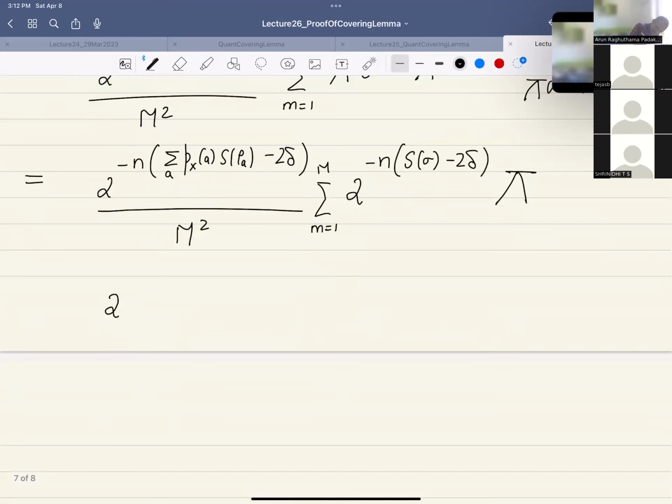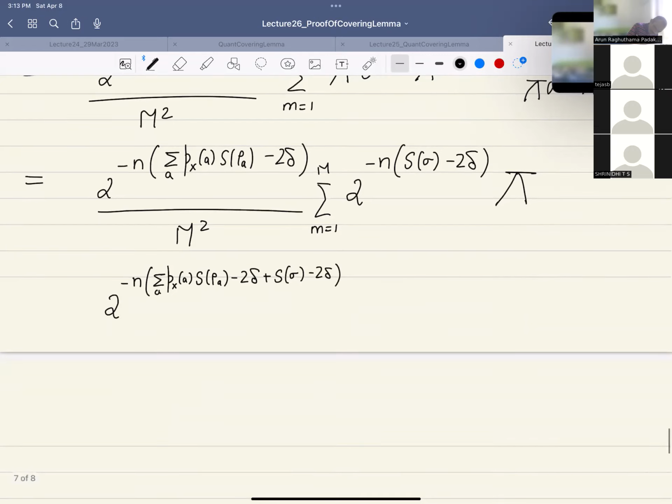Okay, so what do we have? We have 2 power minus n times a px of a, s of rho a minus 2 delta. I'm going to pull the other guy also, s of sigma minus 2 delta. I can get rid of one of the m squared, right? Because the term doesn't depend on m at all.